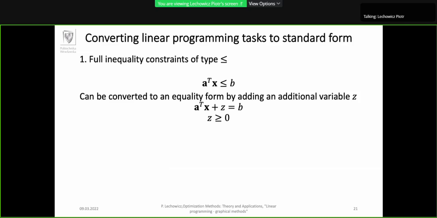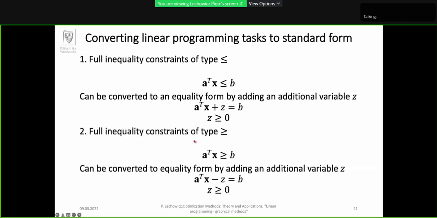Okay, I lost the pointer on the presentation. Okay, here it is. So similarly, for inequality constraints of the type greater or equal, we again can reduce it to an equality constraint by introducing an additional variable z.